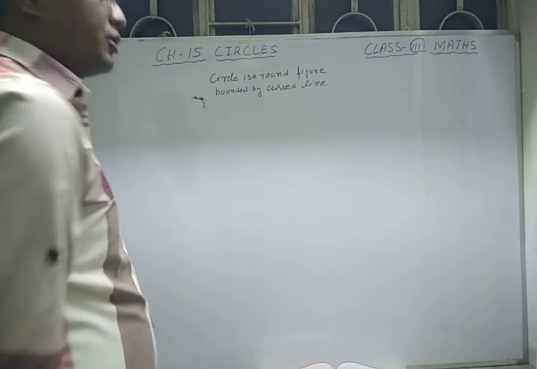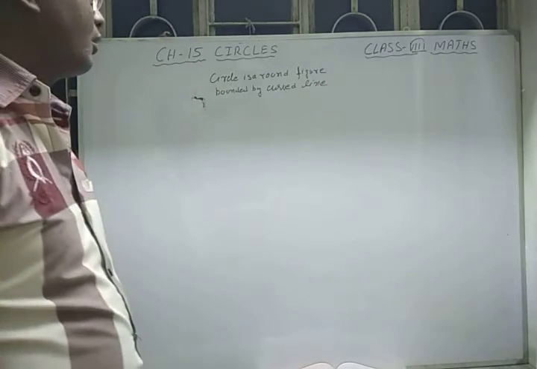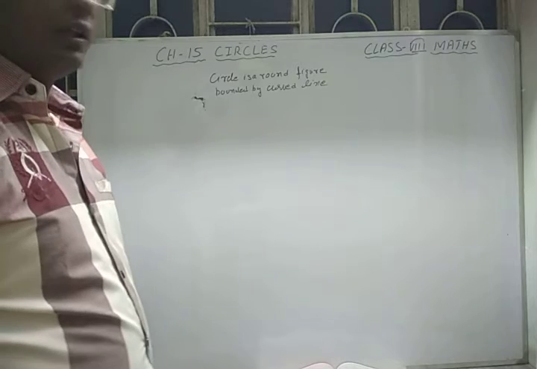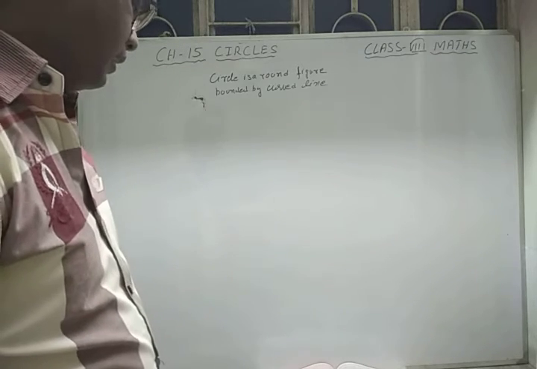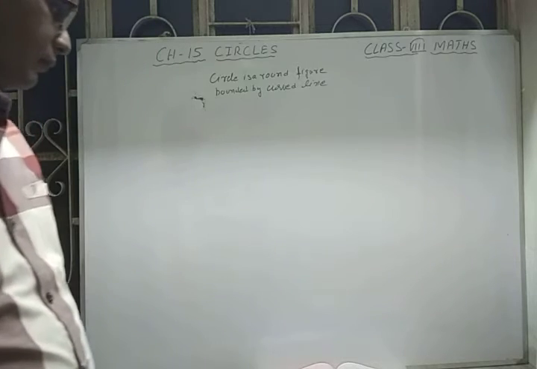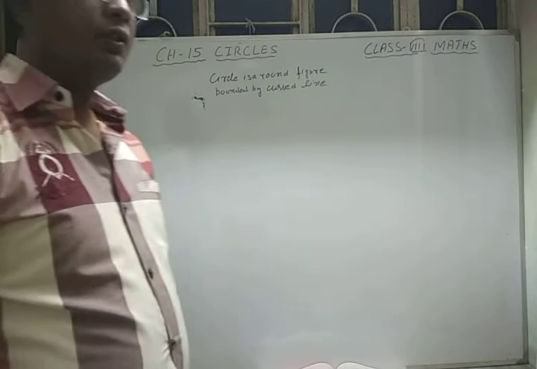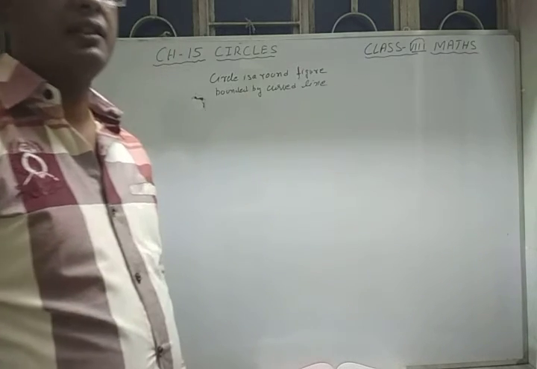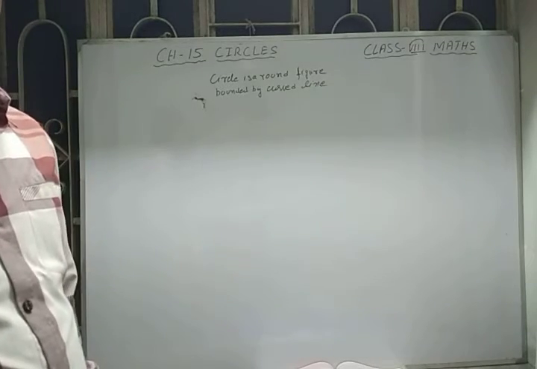The simple definition of circle, that is, circle is a round figure bounded by curved line, or we can say a circle is a set of all those points in a plane. Each of these points are equidistant from a fixed point.